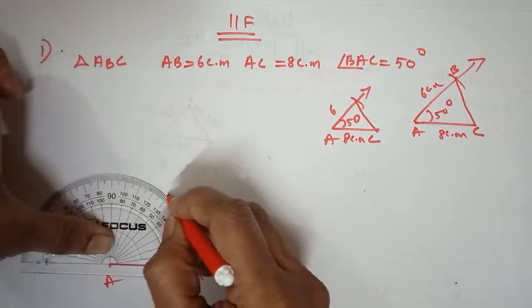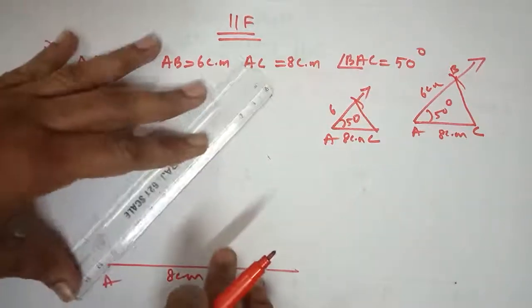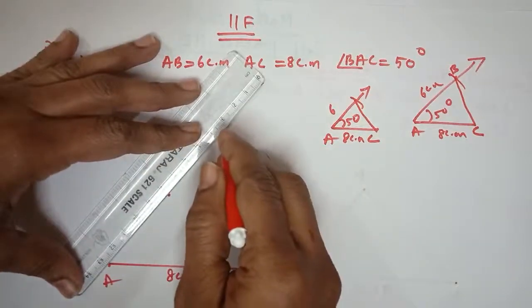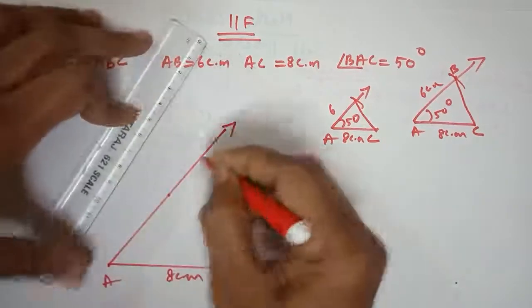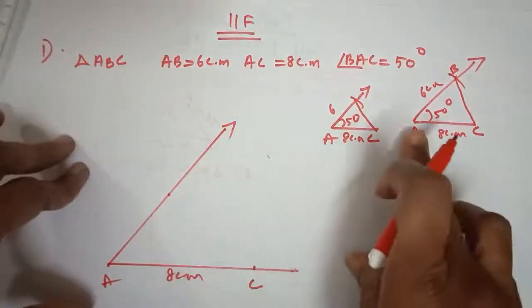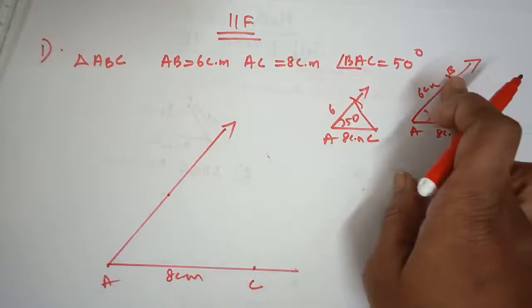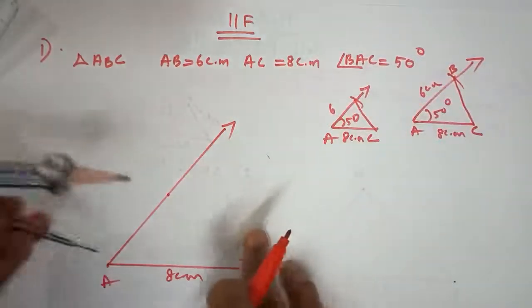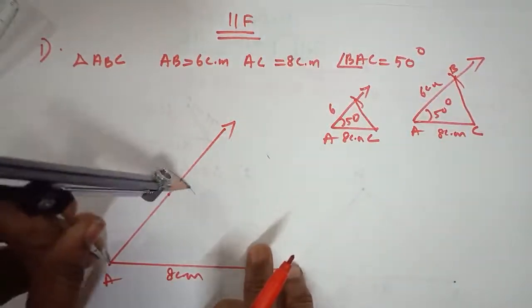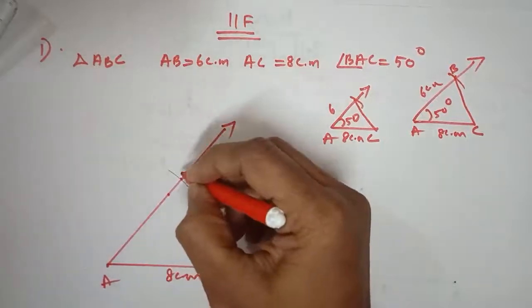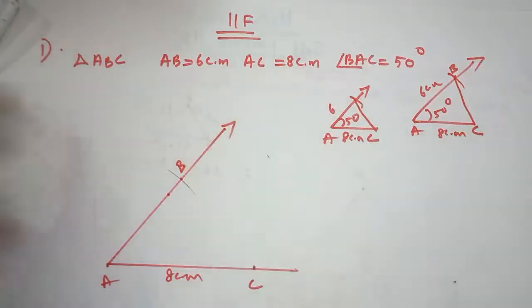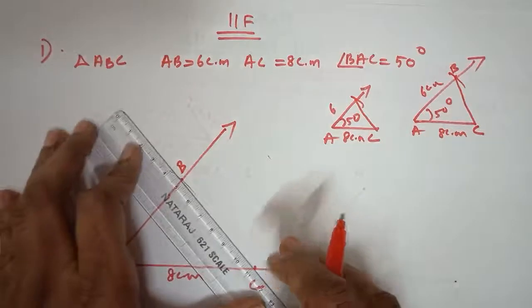So here 50 degrees, then we just extend the line. Okay, and then you should take AB 6 cm. Okay, AB 6 cm, mark B on it. Now you should join BC.